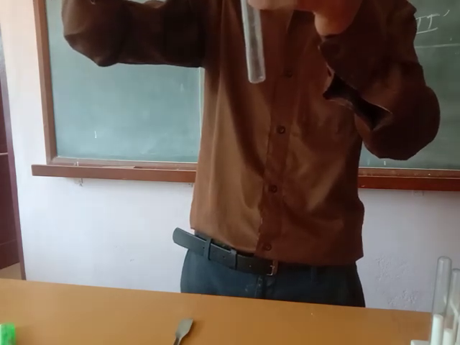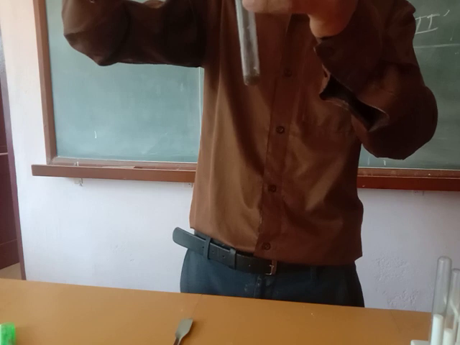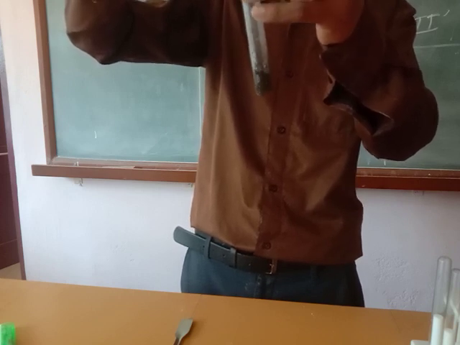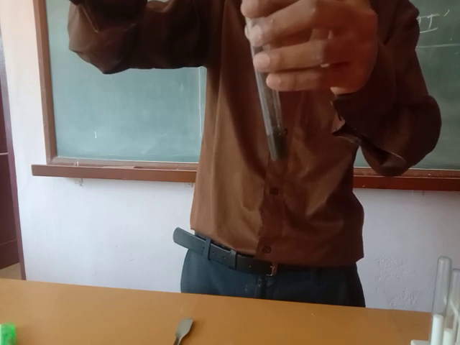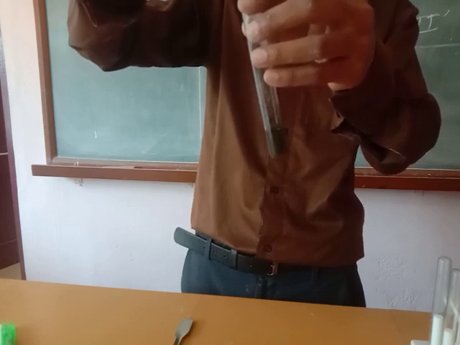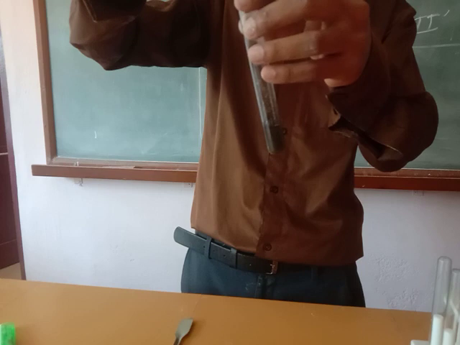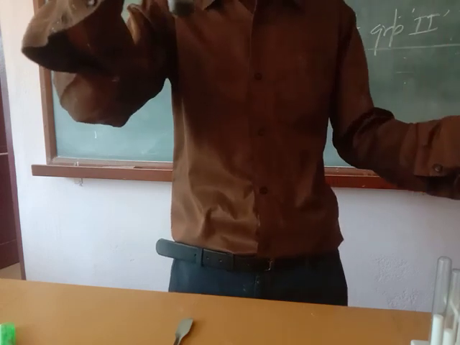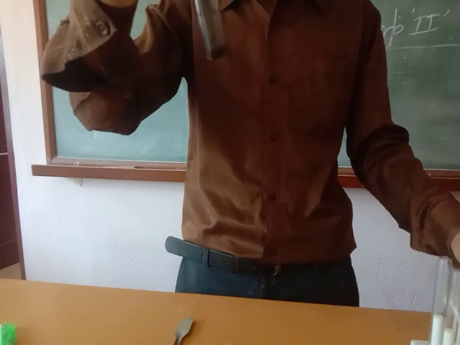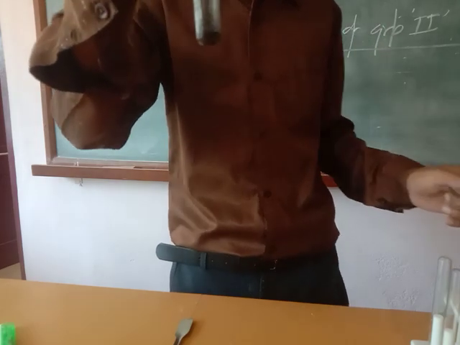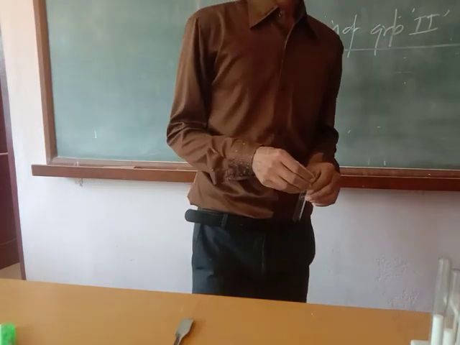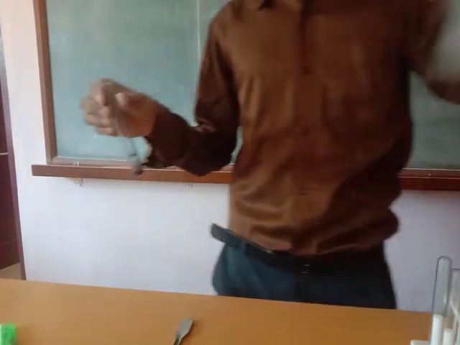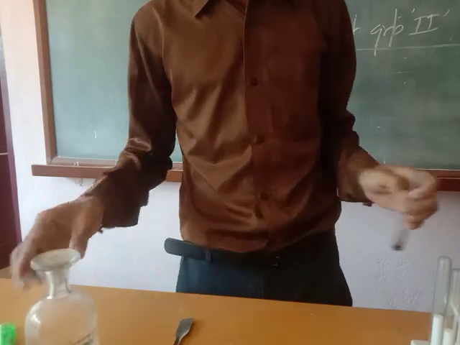No need to take the solution. You can also filter it. So this is the black precipitate. I have decanted off the liquid. You dissolve the black precipitate in a minimum quantity of 50% nitric acid.